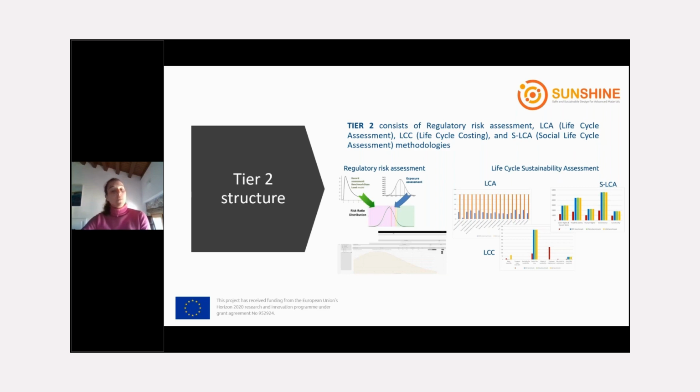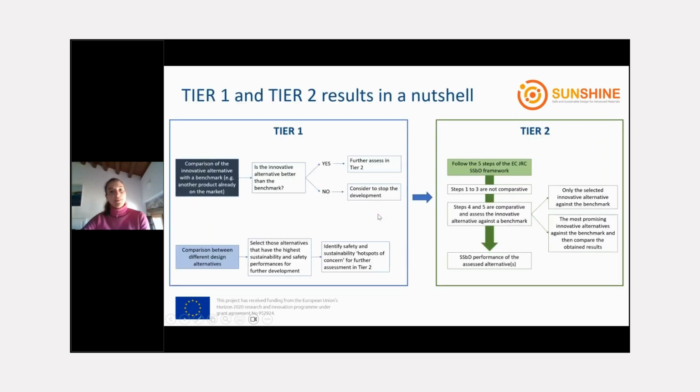And it is a quantitative assessment that can be performed when available information can be collected in the later stage of development. This is just to sum up a little bit the relationship between Tier 1 and Tier 2.